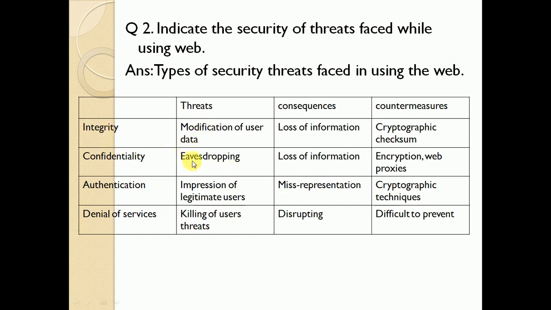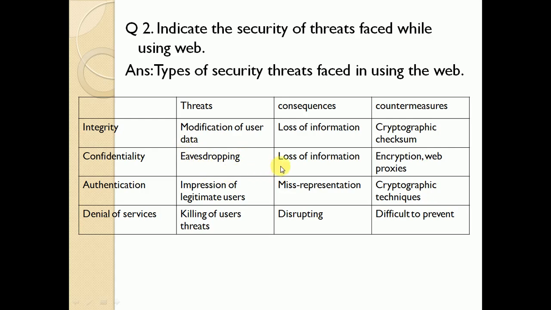So what is eavesdropping? Unknowingly listening to the discussion of others, or taking information from an authorized person without his knowing. Okay, that is called eavesdropping.